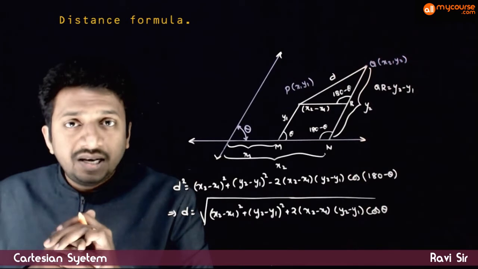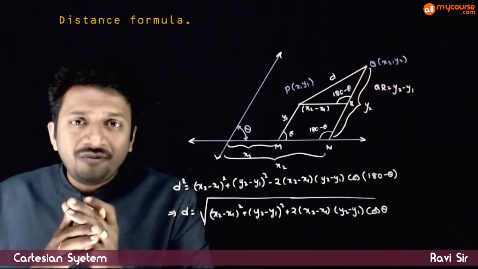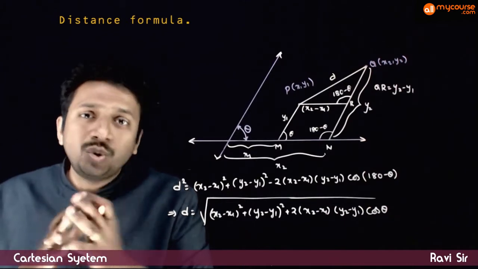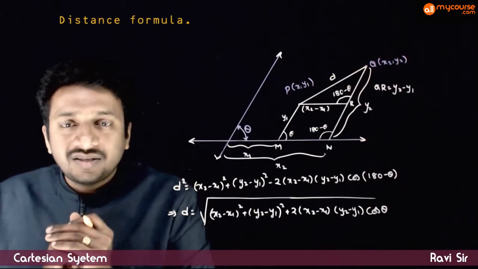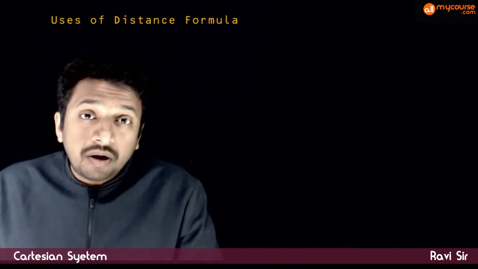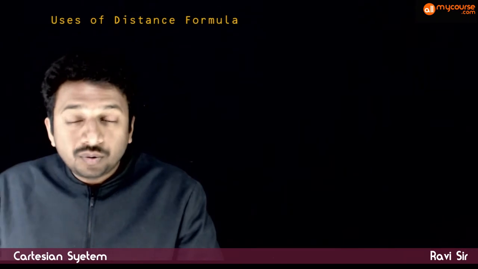Now let us try to see where this distance formula can be used. What are the different situations in which you can use distance formula? In this topic, we are going to look at the uses of distance formula. So what are the different situations in which we can use distance formula to solve our questions?